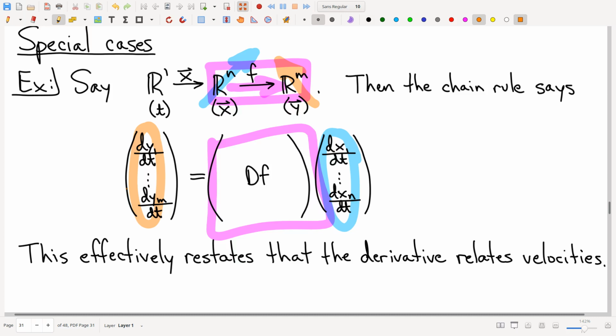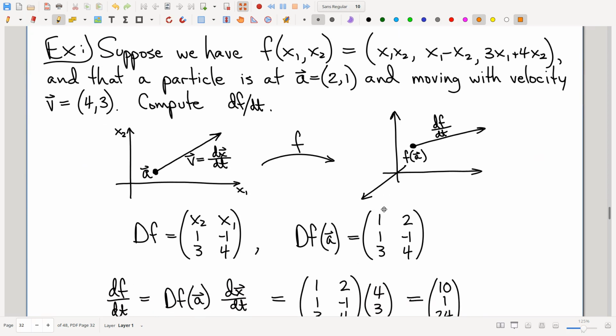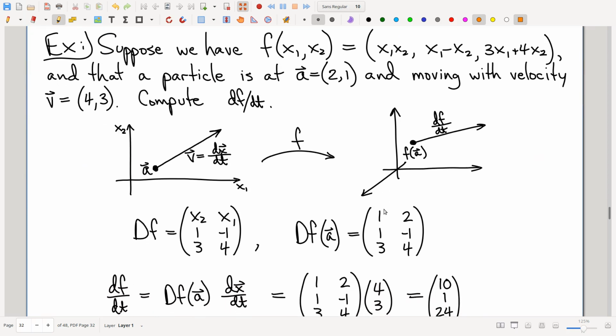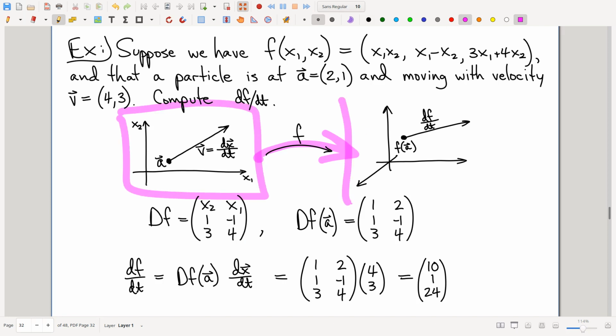Okay. So I have an example here. I'm going to go super quick through the example because all this example does is demonstrate the fact that we were just reminded of, which we've already talked about. So this is a redo kind of a thing. But here, notice I have a function from one space into another space.